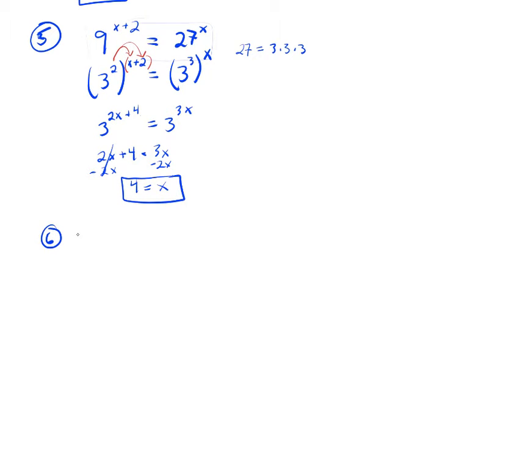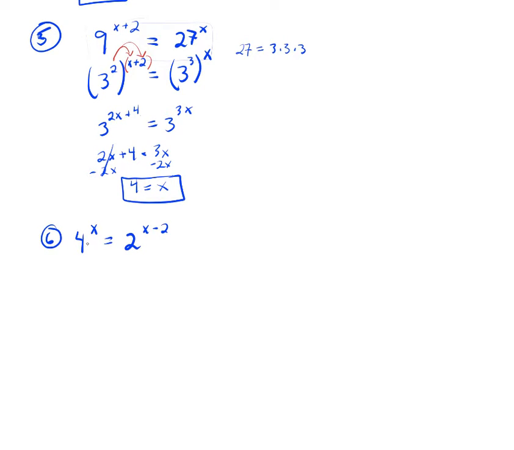Example number 6. 4 to the power of x equals 2 to the x minus 2 power. So we're going to use this one twice and talk about different ways we can solve equations in different pathways.